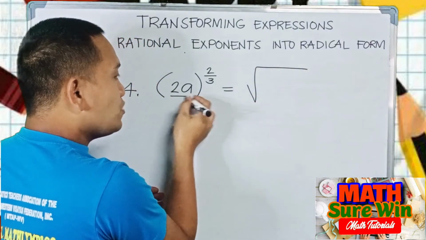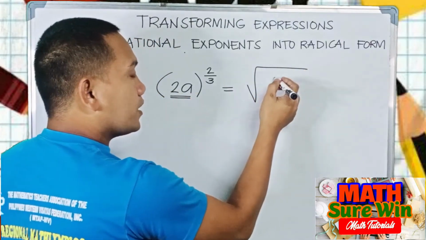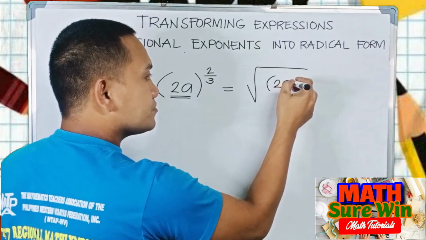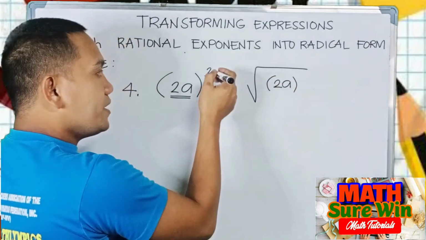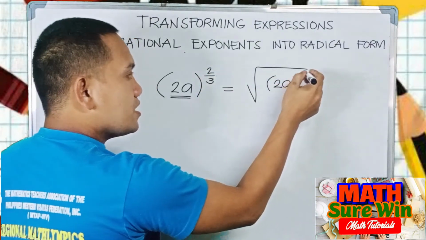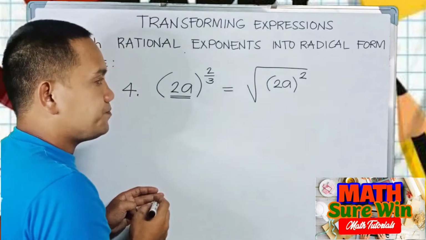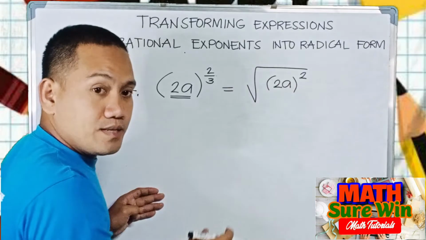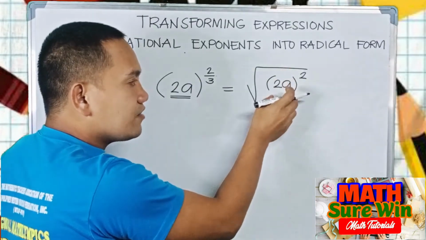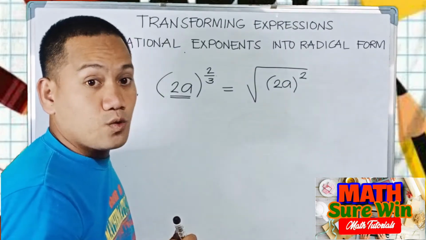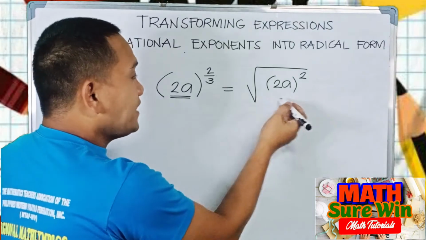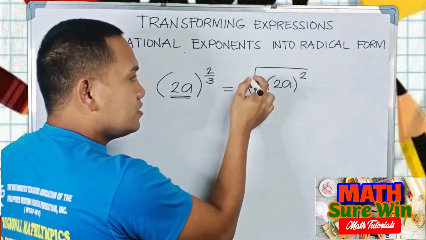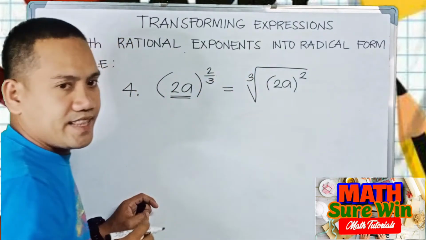Again, 2a will be our base, so it will be our radicand. The numerator will be the exponent of our radicand. So it is very important for all of us to place a grouping symbol because the radicand itself is raised to the second power. Then, our denominator would be our index.